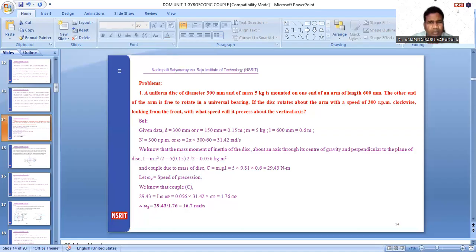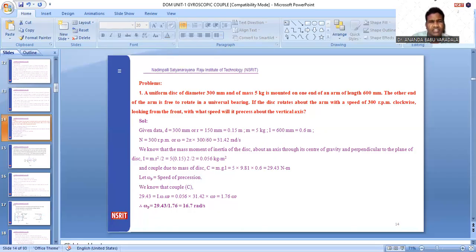As we know, the mass moment of inertia of the disc about an axis through its center of gravity and perpendicular to the plane of the disc is I equal to m r square by 2. M is the mass of the disc and r is the radius of the disc.